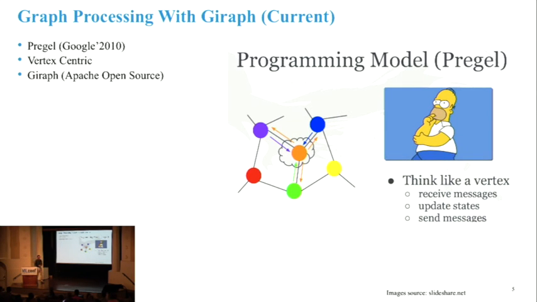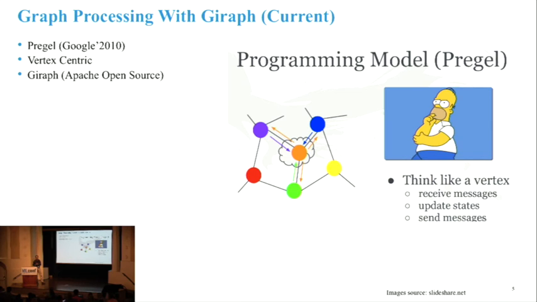So we have a large-scale graph processing system that is open source, an Apache open source software called Giraph. It was released based on Google's paper, Pregel, in 2010. It's a vertex-centric approach. Essentially, you have a graph, and it partitions the graph into vertices, and each worker operates on a subset of those vertices.